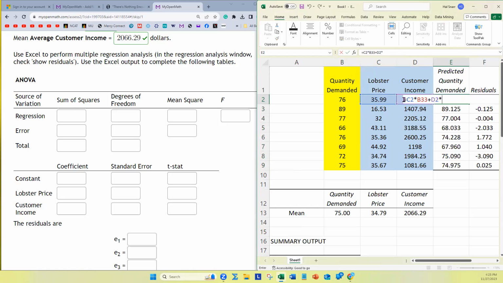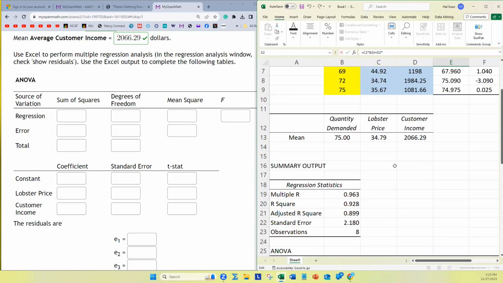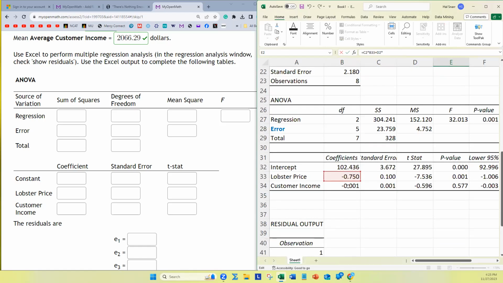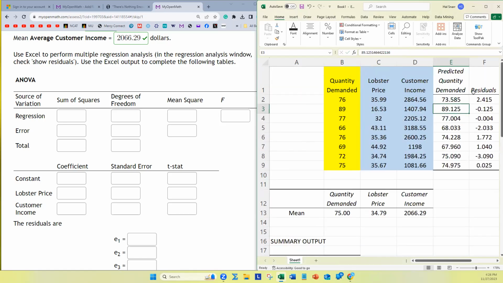So I'm taking the lobster price, multiplying it by its slope coefficient. I'm going to add that expression to customer income times its slope coefficient. And then I'm going to add the intercept. So I got lobster price.